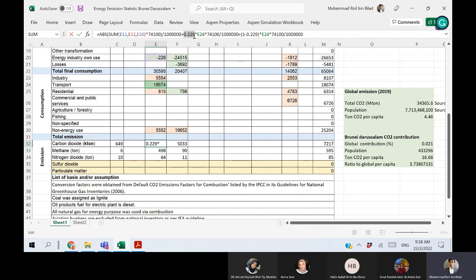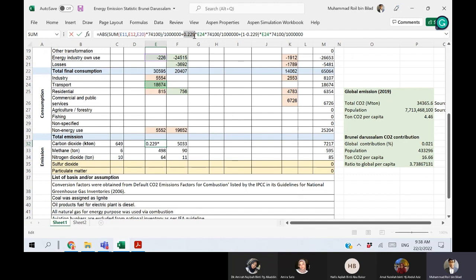The more detailed information you get, for example, if someone comes to me with better, more reliable data, like the sales of diesel and the sales of gasoline data of Brunei, now you can use that data, it's better. I only managed to get this data. This is just for educational purposes, but I'm telling you that you can come up with a better scenario.